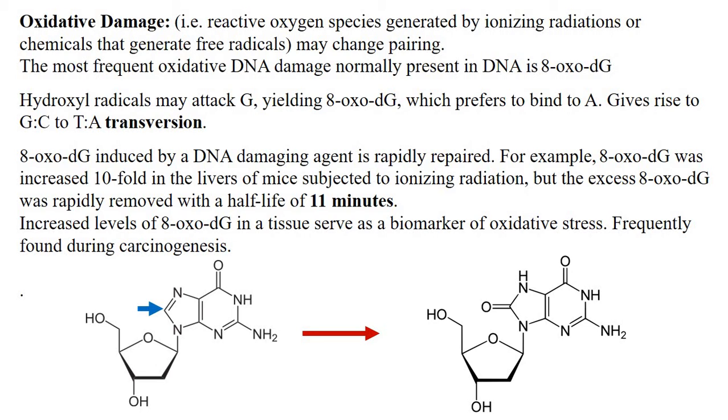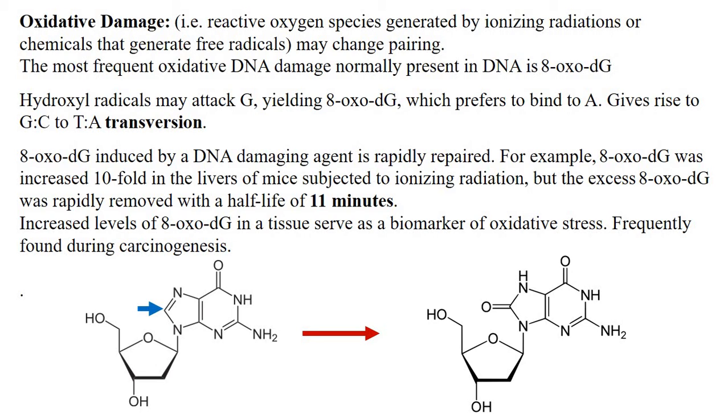But in unhealthy cells, this could be a problem, as in the case of oxidative stress. So if the cell is under stress, then these levels can be high, and they stay high, and these are a biomarker of oxidative stress. Usually clinicians use these levels to see whether the tissue is under oxidative stress.